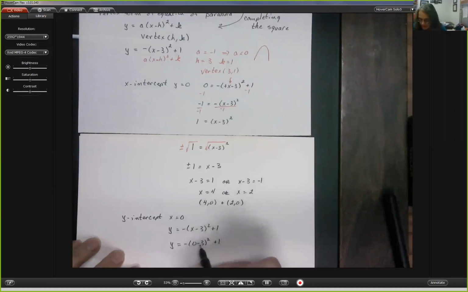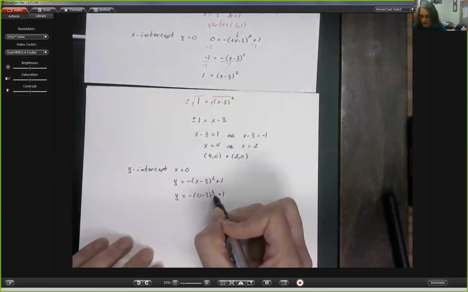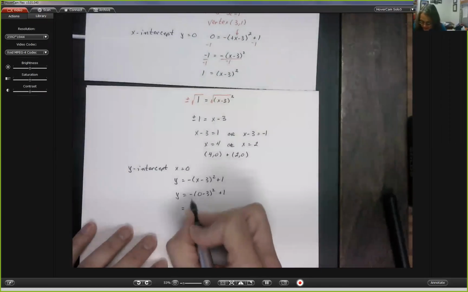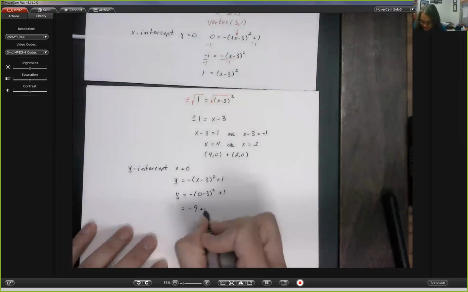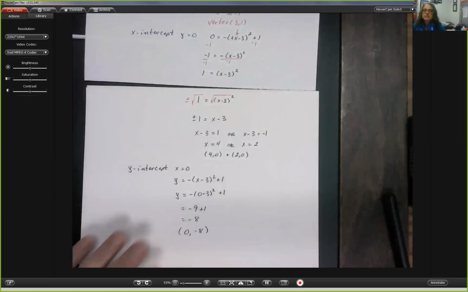Negative 0 minus 3 is negative 3. Squared is 9. Negative 9 plus 1, negative 8. My y-intercept is at the point 0, negative 8.